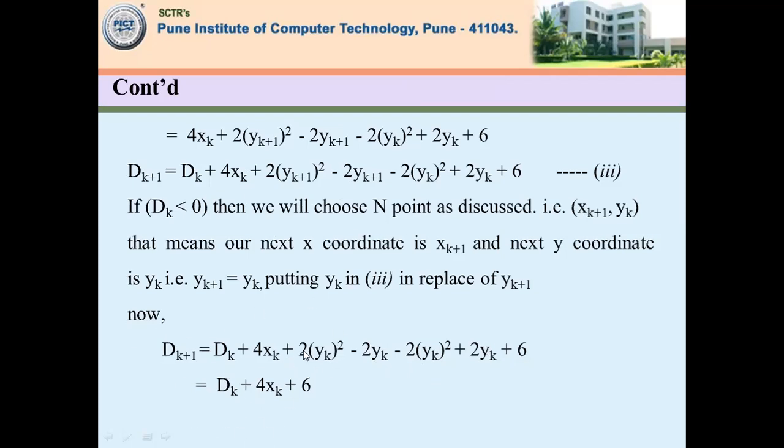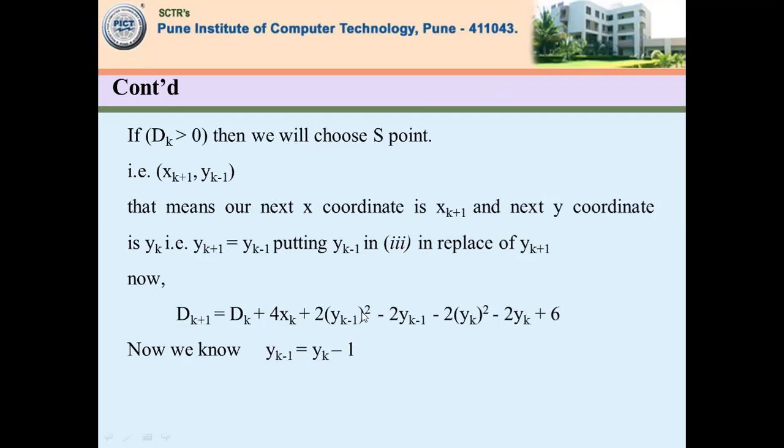So whenever d is less than 0, you will get d equal to d plus 4x plus 6. Then if dk is greater than 0, you need to put y(k+1) equal to yk minus 1.